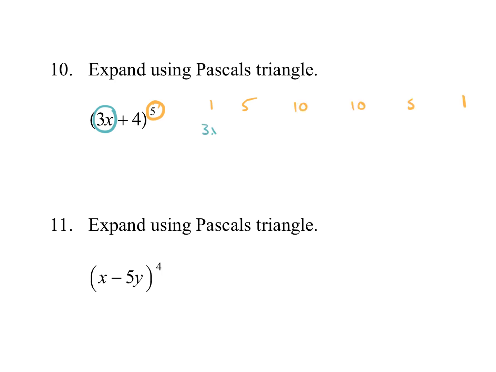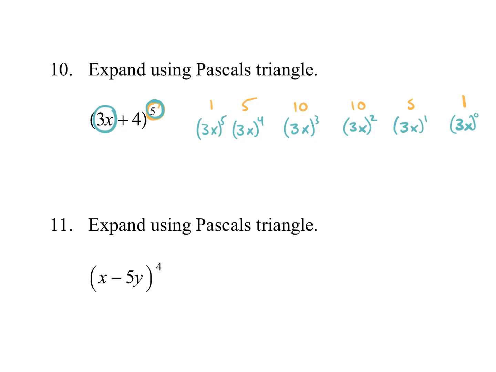So 3x is going to go in each column. We're going to start with 3x to what power? The 5th power. So 3x to the 5th power, and then we decrease from there. 3x to the 4th, 3x to the 3rd, 3x to the 2nd power, 3x to the 1st power, and 3x to the power of 0.